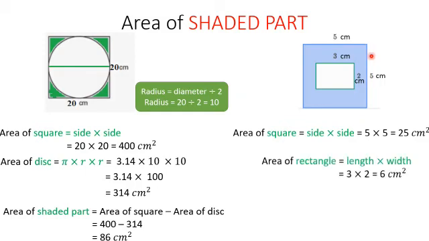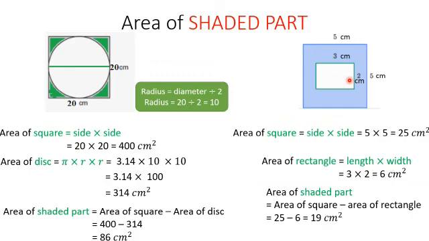Then the area of the rectangle is equal to the length times width. The length given is 3 and the width is 2. So 3 times 2, it's equal to 6 centimeters squared. At the end, the area of the shaded part is equal to the area of the square minus the area of the rectangle. Area of square is 25 minus area of rectangle is 6. It's equal to 19 centimeters squared.